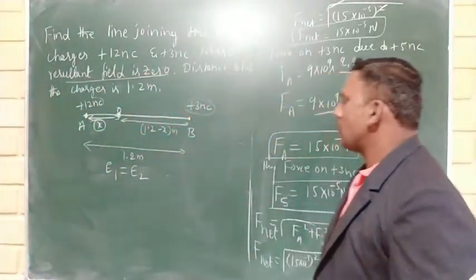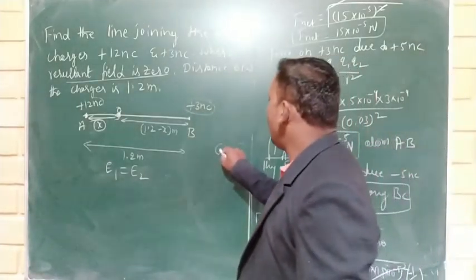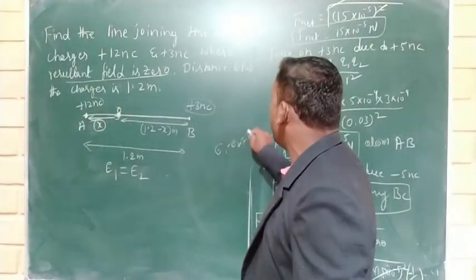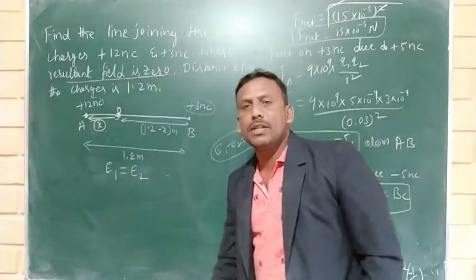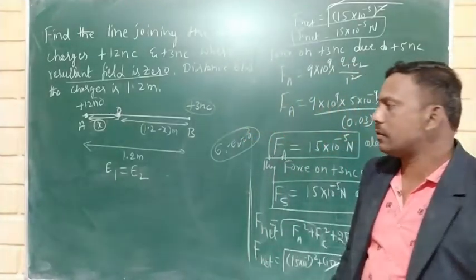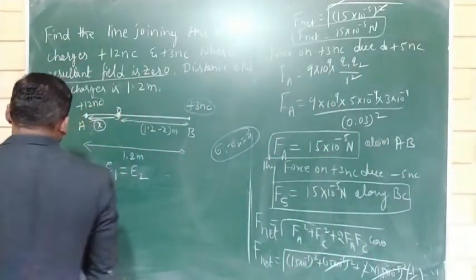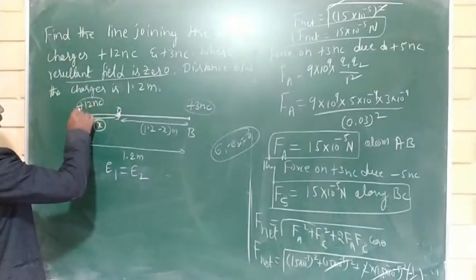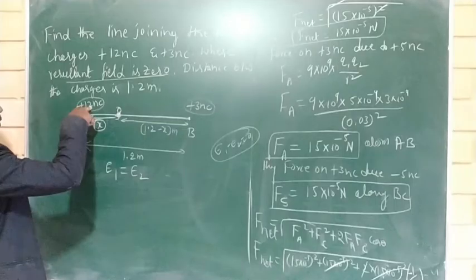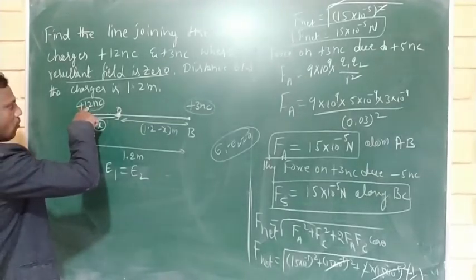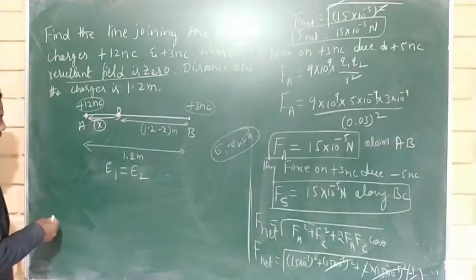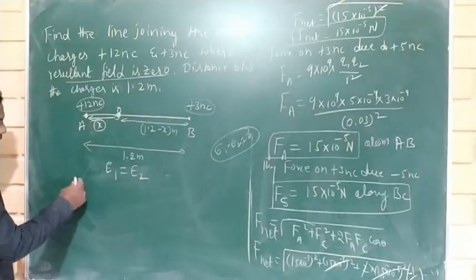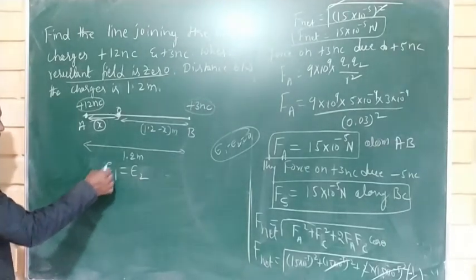Therefore, E1 minus E2 is equal to 0, and the net electric field is 0. First, we have to calculate the electric field due to the plus 12 nanocoulomb charge at O, using the general formula.